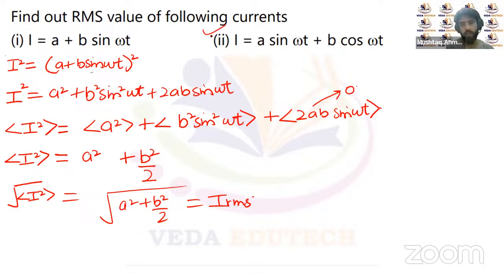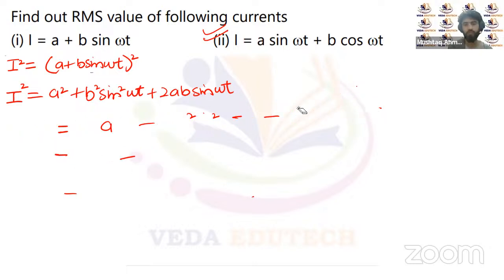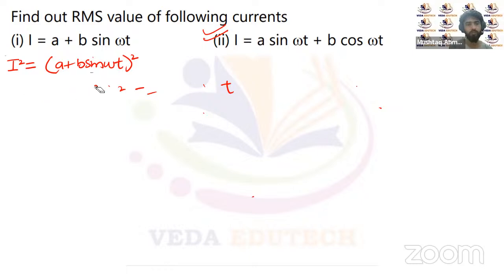Similarly, if we calculate the RMS value of this function, we'll just follow the same steps. We first square this function.